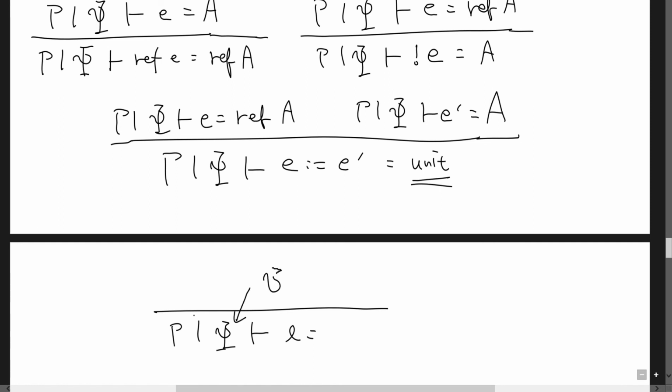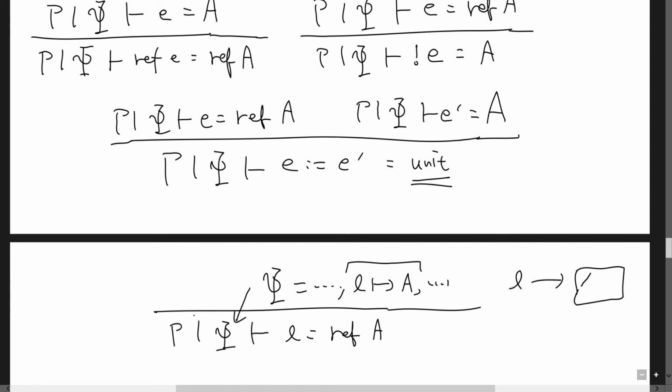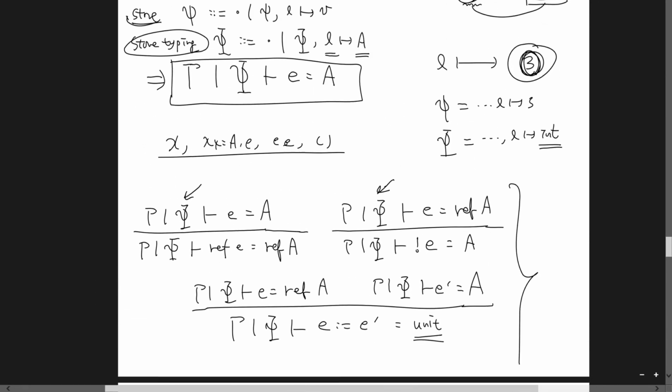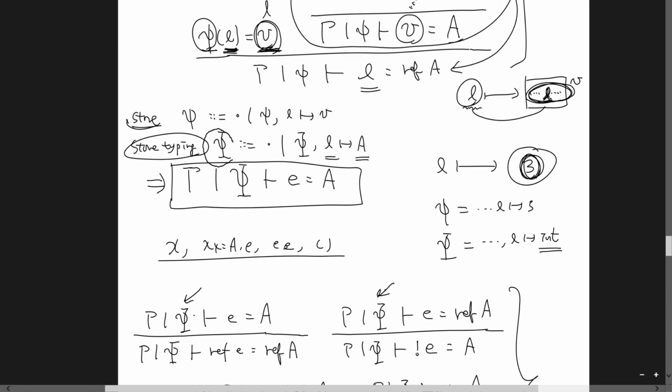So for example, if a store typing has a mapping from location L to type A, then you just return ref A. This means that if you go to the memory cell for this location L, you will find a value of type A. Therefore, location L is going to have type ref A. So this is the type system where we use this store typing.